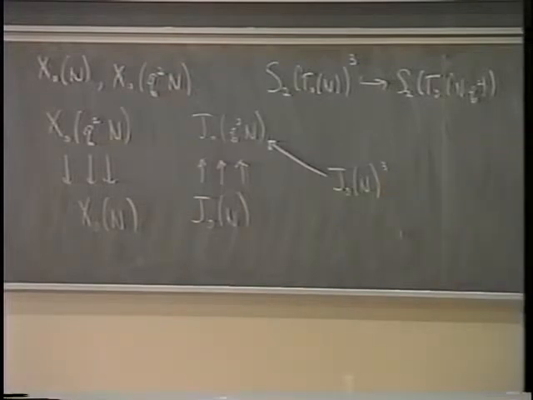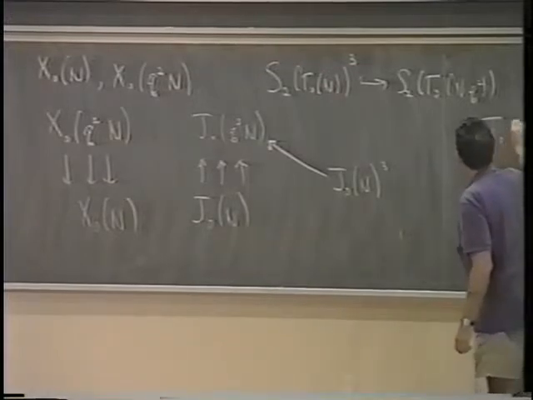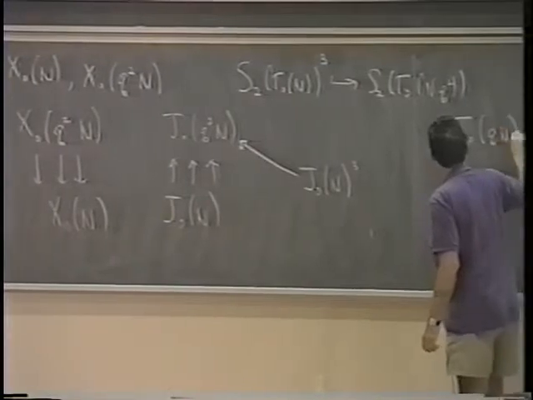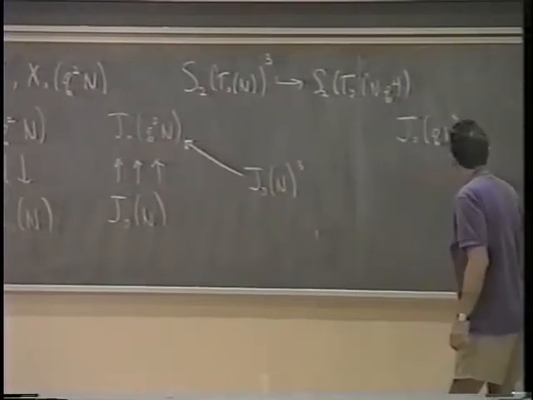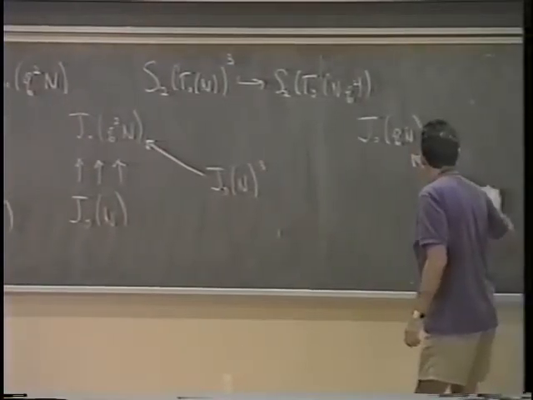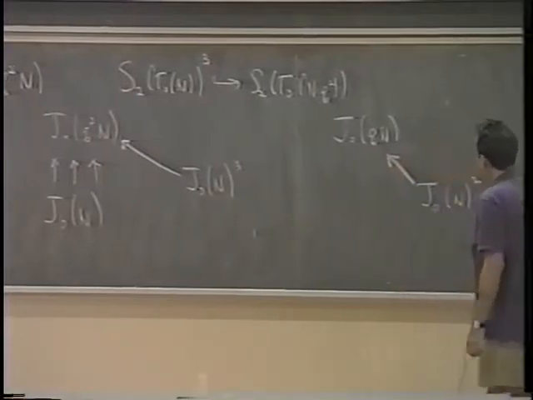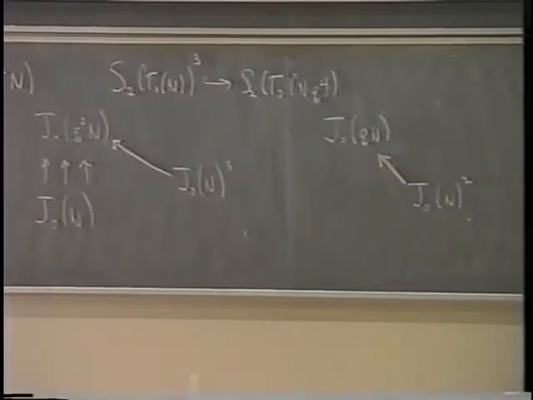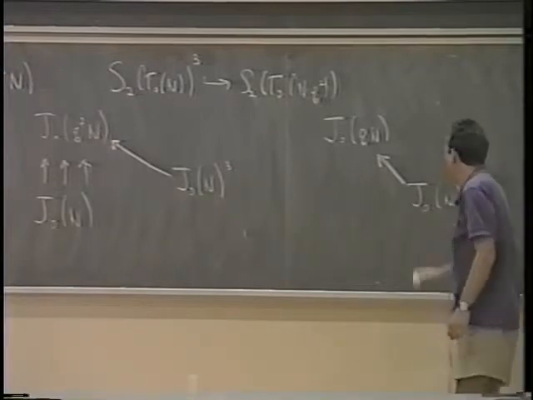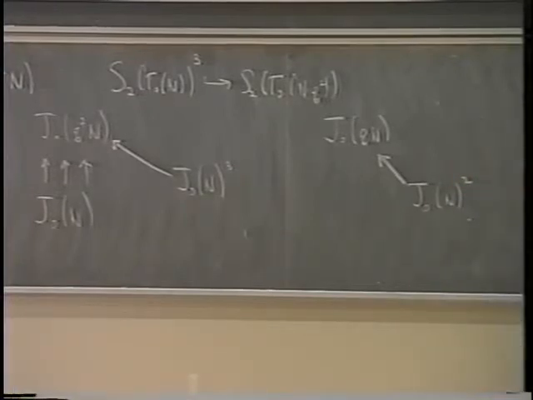The problem that I considered analogously in 1983 was a problem where you had J0 of q squared n, and it was receiving analogously 2 copies of J0 of n. And what I proved using some results of Ihara is that this map is essentially injective in the sense that its kernel is a well-known subgroup of J0 of n.